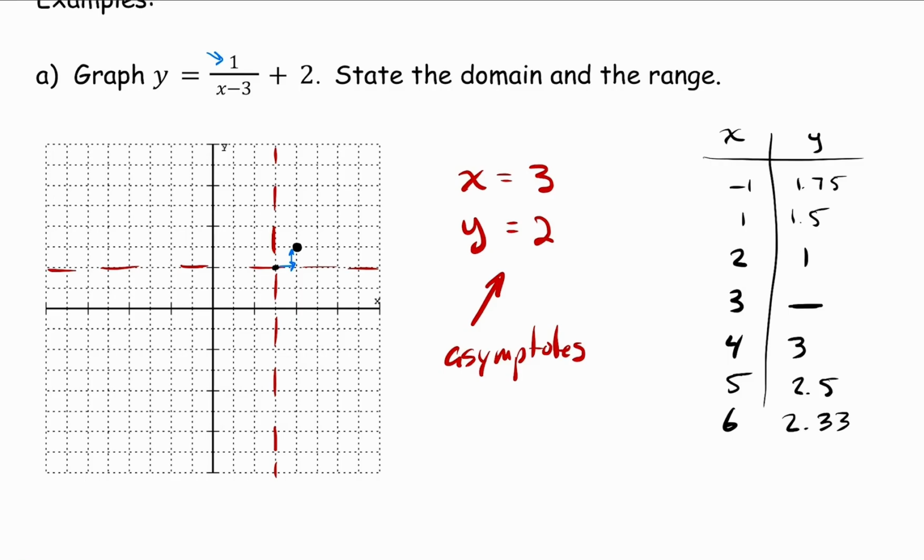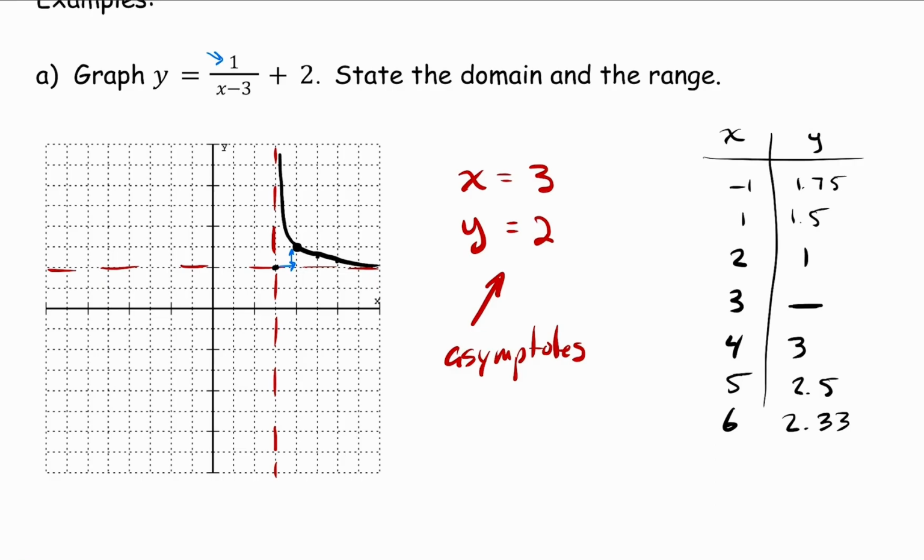And so if we take those points and start plotting those on our graph here, we would see that, again, we're going to get very, very close. So here we are. There's 4. 5 was 2.5, so something like this. 6 was 2.33. And so again, once you have one or two of these points in here, you can kind of go, oh, I know what the shape of this is going to be. Let's draw that in.